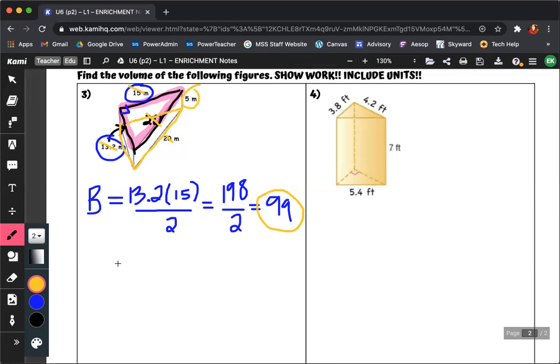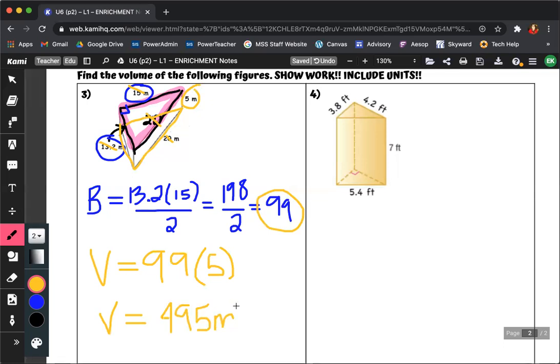So for our volume, we're going to do our area of the base, which is 99, times the height of the prism of 5. I'm going to plug that into my calculator, 99 times 5, and I get 495. The units are meters cubed.